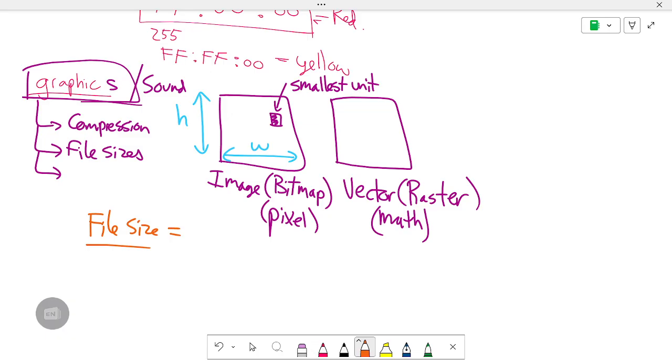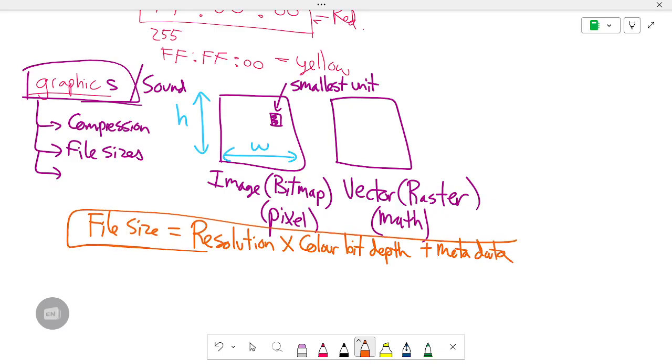Isn't it resolution times the bit depth? Yes, it's the color bit depth. It's resolution times the color bit depth plus some metadata. But this small little data is not too significant. Usually they talk about it, but it's not too much. Plus metadata. Okay? If you want to remember something, this is the equation you should remember.